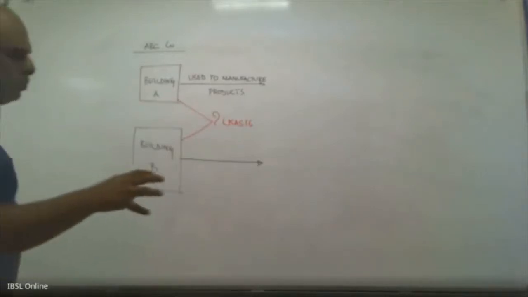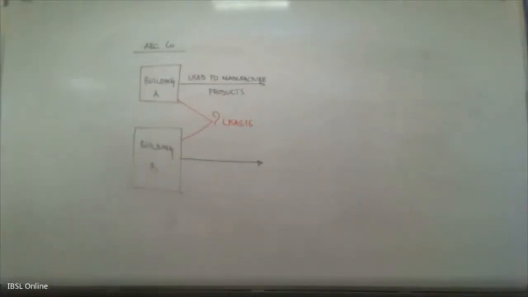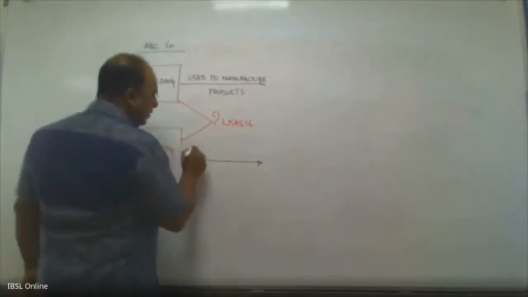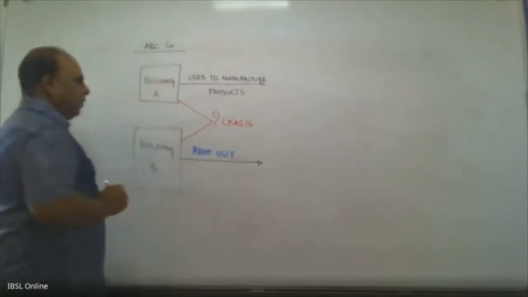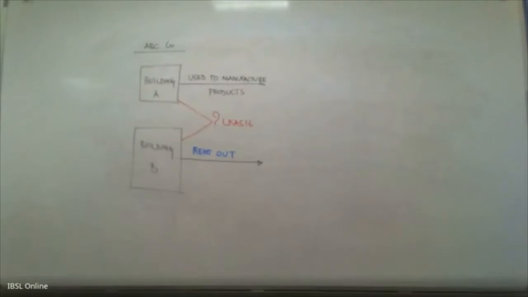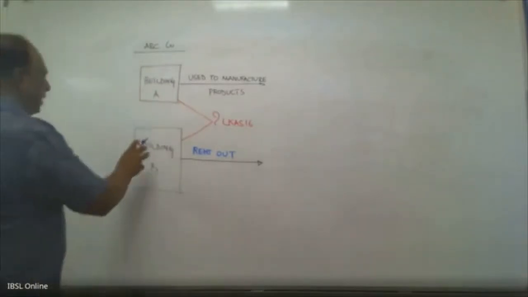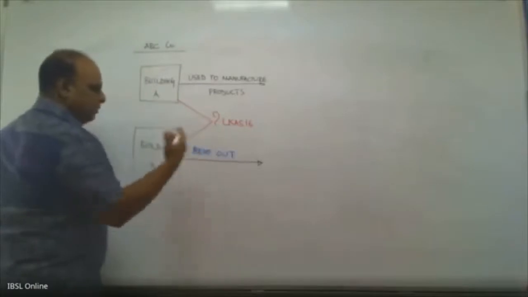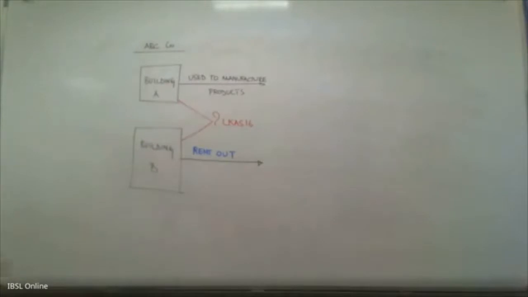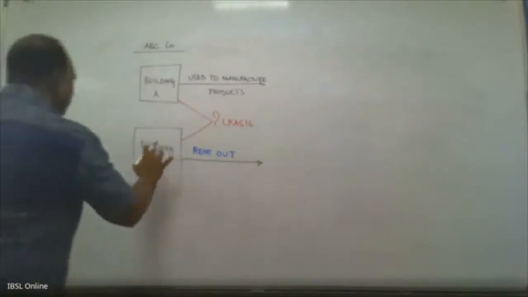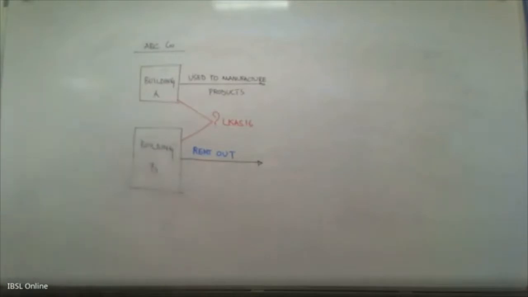So they have now not decided what to do with this. But they have two options. One is they can rent out this building. So they can find somebody who can occupy this building and earn a rental, monthly or maybe annually. It doesn't matter. So you decide, I'm going to rent this out and earn rental. I'm not going to use it for my business. That is one option available to them.